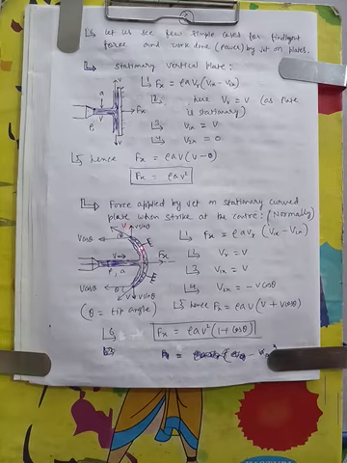One more case we take: force applied by a jet on a stationary curved plate when it strikes at the center. This is the stationary curved plate, and the jet is striking at the center in the normal direction, in the radial direction. It is important. Suppose the plate is symmetric on both sides, and the jet is impacting normally.